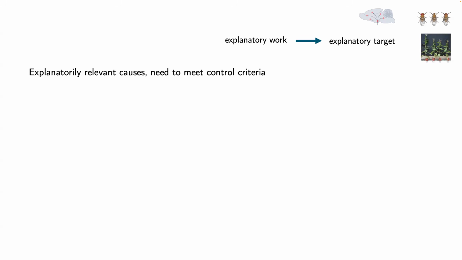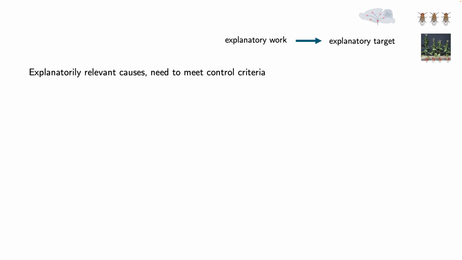So first set of suggestions here, in order to identify causes that are explanatorily relevant, once a scientist has specified their target, is to identify causes that meet control criteria.